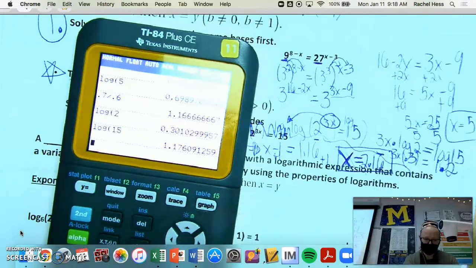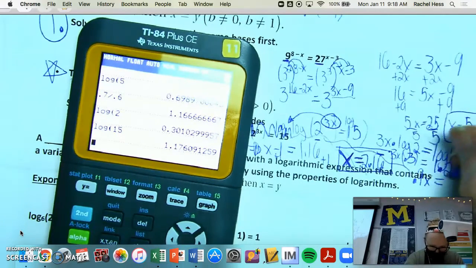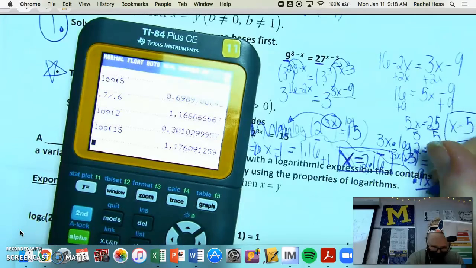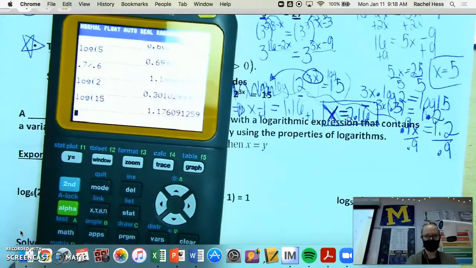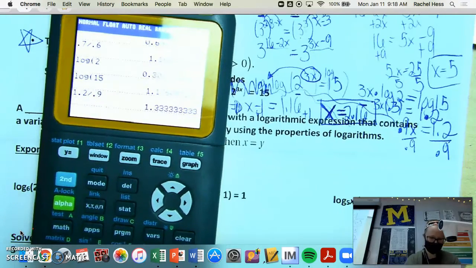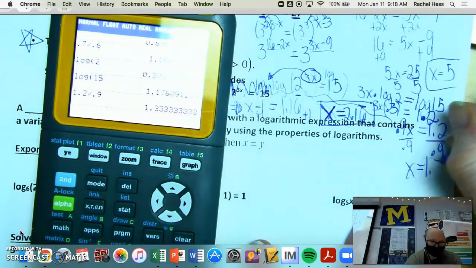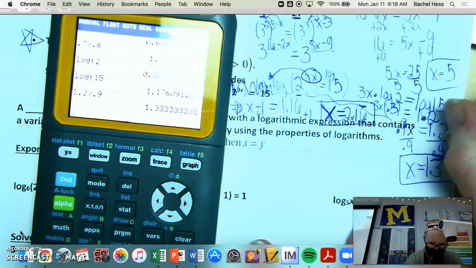Three times 0.3 is 0.9. And then I would divide by 0.9 to get my answer, right? X is 1.3 repeated.